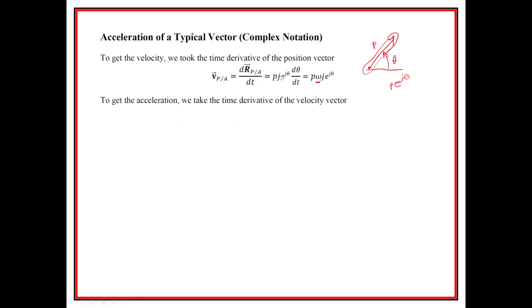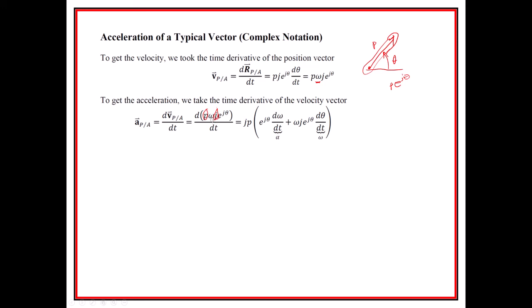Now, to get the acceleration, we could just take a derivative of this velocity vector. So taking the derivative, we get a jp to the outside of this thing. I took this j and this p and moved them outside, and then we take the derivative.